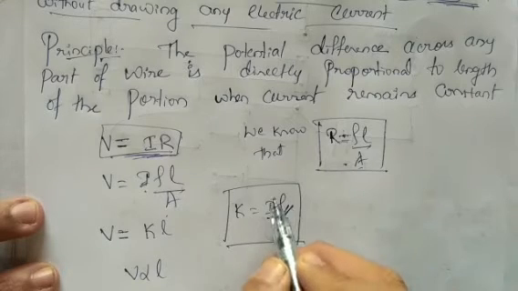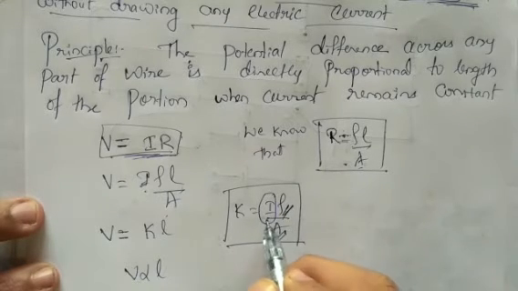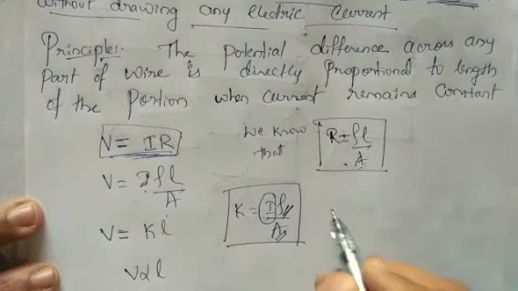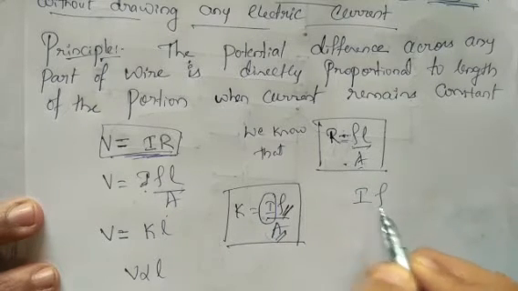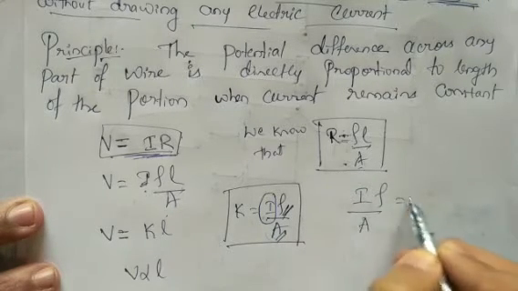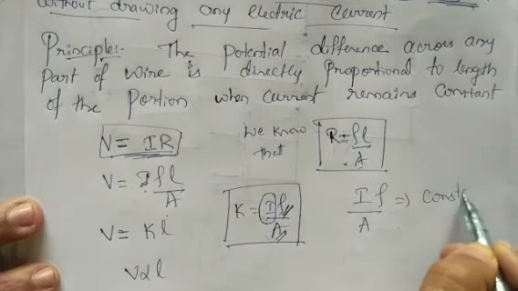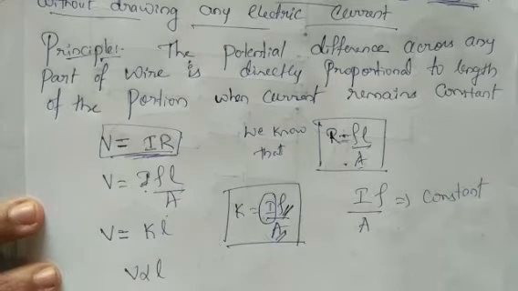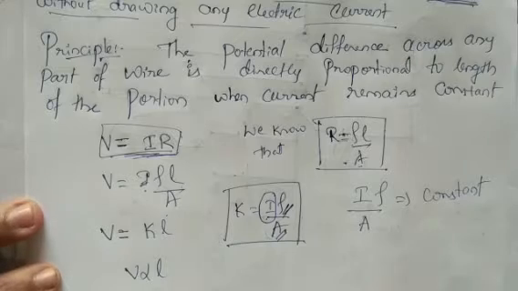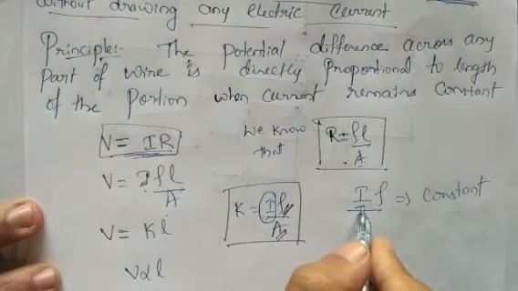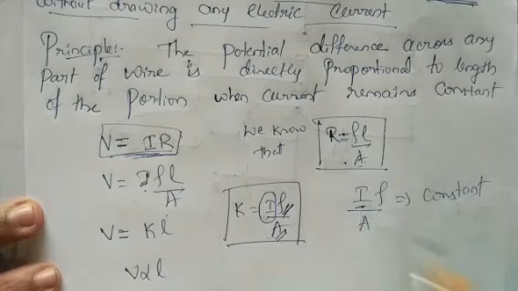Now, if the current remains the same, the net value I rho divided by A entirely remains a constant. Everything appears as a constant if the amount of electric current remains constant.